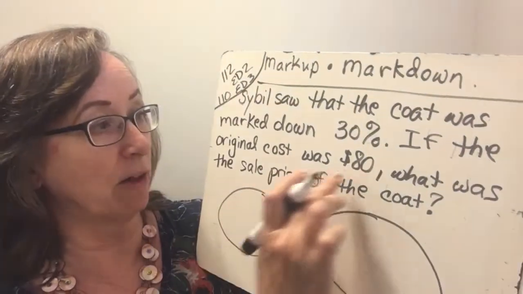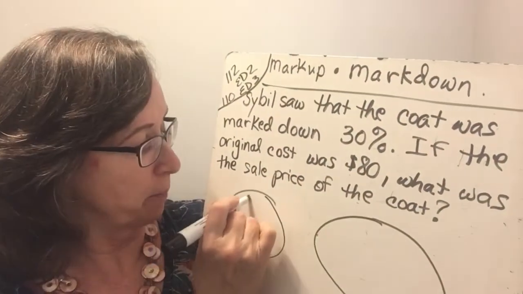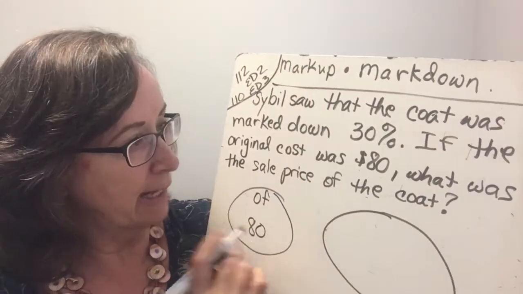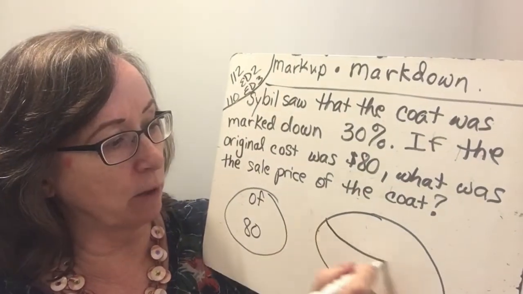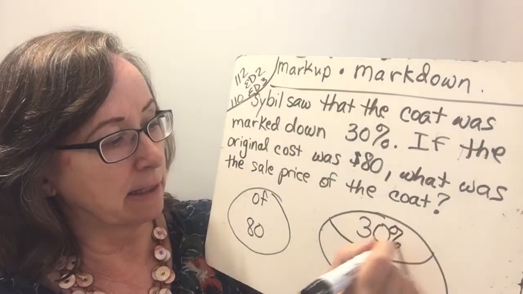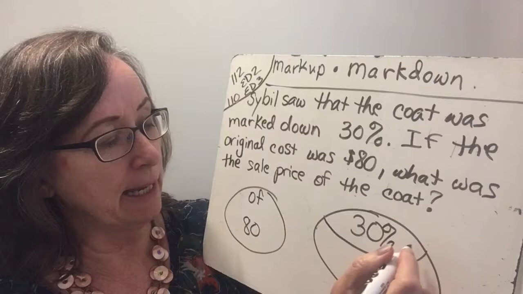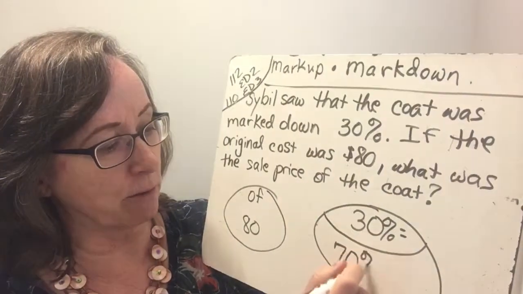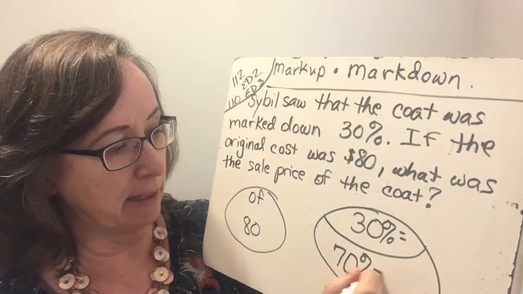We're going to say the whole was the original price, so of $80. And of $80, we know 30% is so much. And then the 70% is going to be what she has to pay.